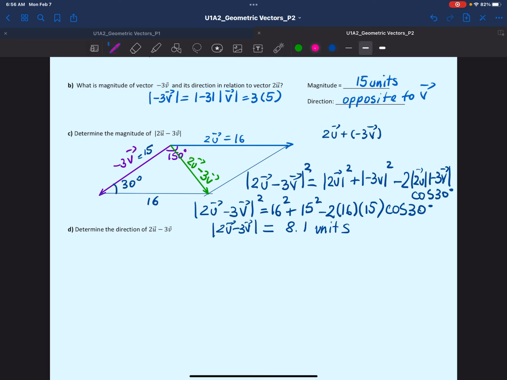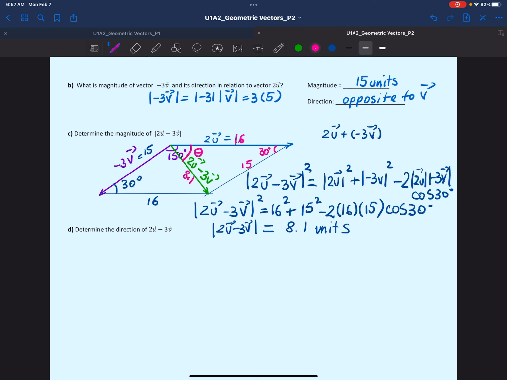And I'm going to mark this by some letter theta. In this triangle, we need to find the angle theta, and we know this side here is 15, this one here is 16, and 2u minus 3v, which we just found, is 8.1. We also know that this angle is 30 degrees.